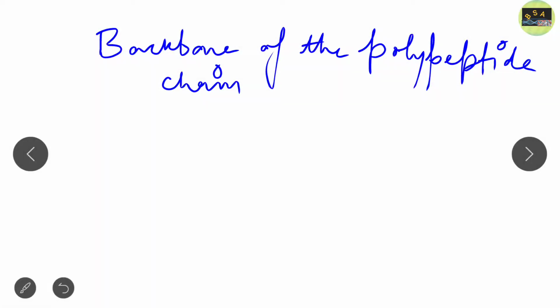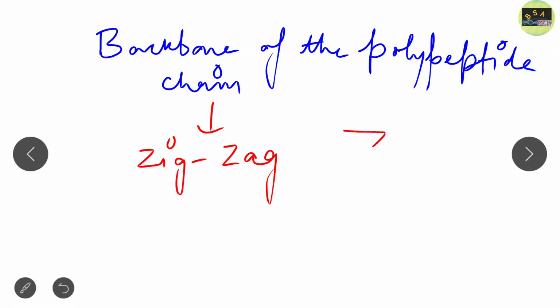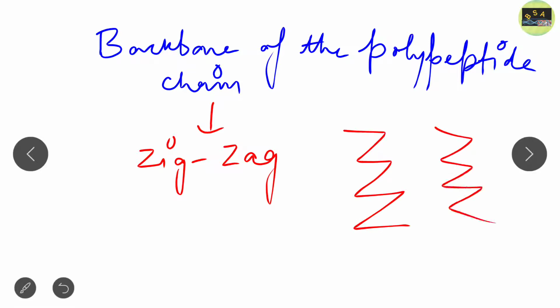If we look at the structure of the beta conformation, we will find that the backbone of the polypeptide chain is arranged in a zigzag manner, rather than helical, which is the case in the alpha helix. So its backbone is like this, in a zigzag manner. Clear?